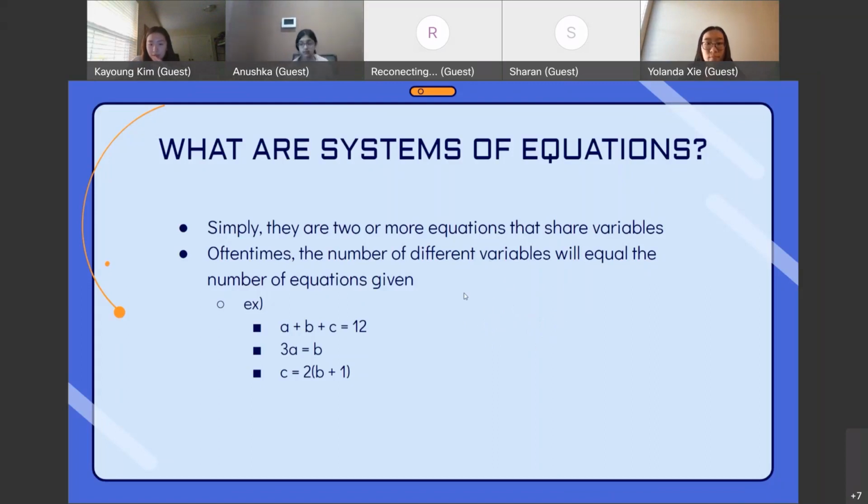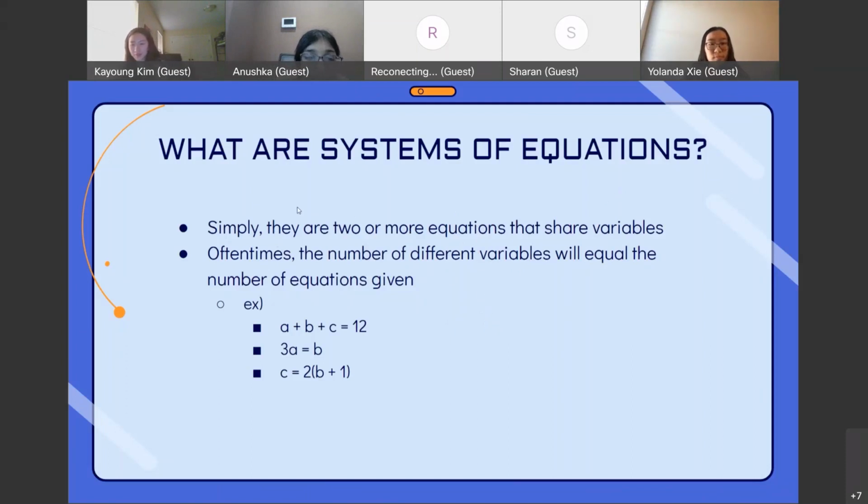I expected that most of you wouldn't know what this is. I think you learned this topic maybe in 7th grade, or maybe even 8th, somewhere in later middle school. But basically, systems of equations is just a fancy title for two or more equations that share variables.